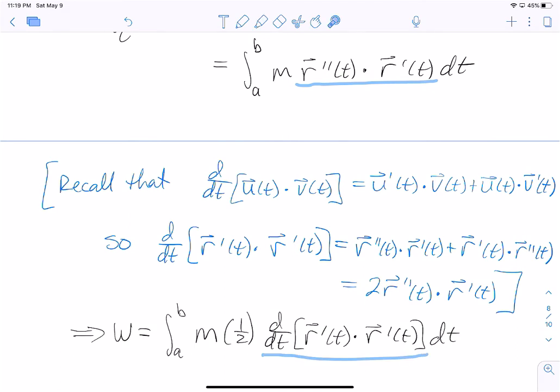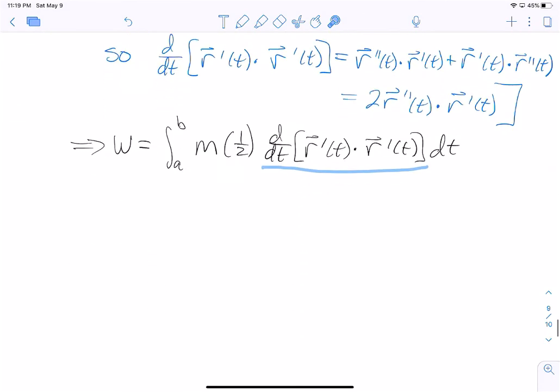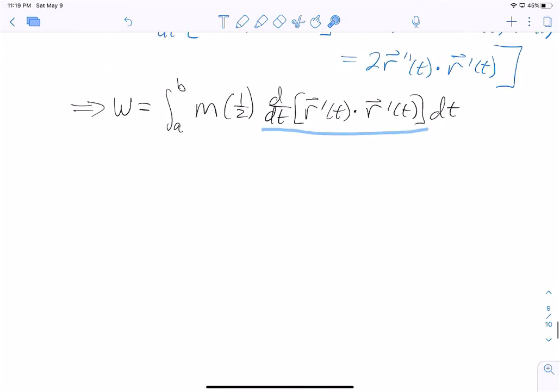So we now have that work is equal to the integral from a to b of 1/2 m times the derivative of r prime dot r prime dt. Well, we can factor m over 2 out of that.